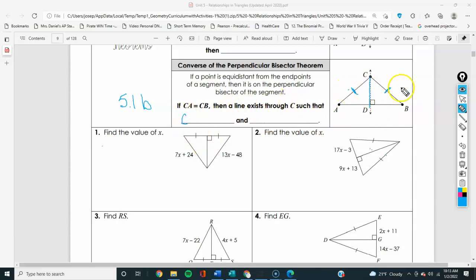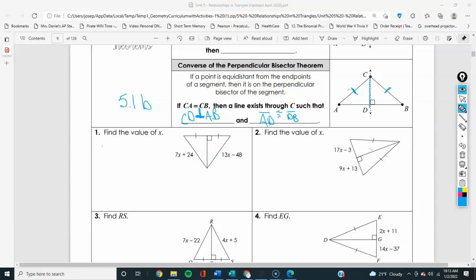So if we know that these two things are congruent, we know CD has to be perpendicular to AB. That's a perpendicular sign, of course. And we would know that AD would be congruent, have the same measure as DB. Or BD, it doesn't matter when you're saying congruence. Okay?